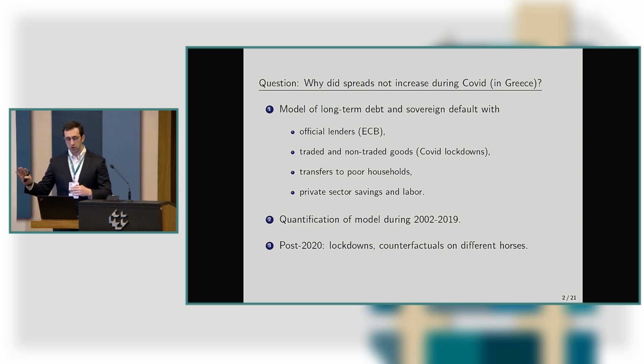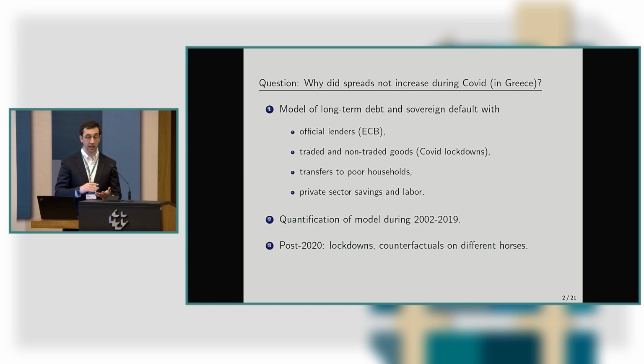So we disciplined the model using data from 2002 to 2019. Now, we are going to use data from Greece to do that. That's not because we are only interested in why spreads didn't go up in Greece. It's because Greece has a lot of really useful variation for a bunch of key parameters here. Greece had very high spreads, some of the highest that have been observed in any advanced economy in at least half a century.